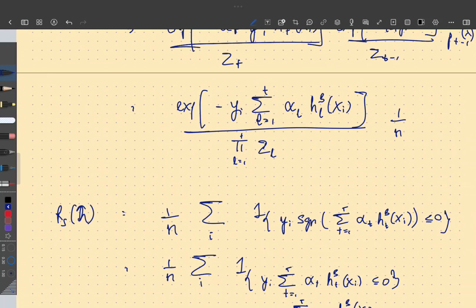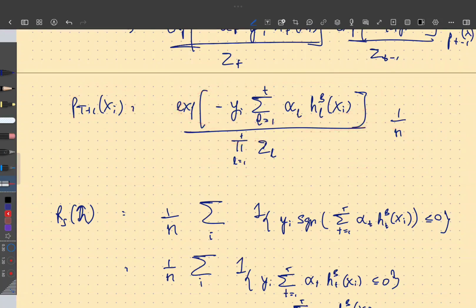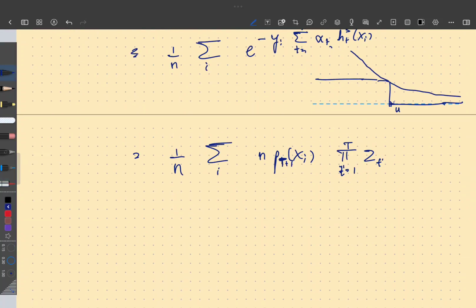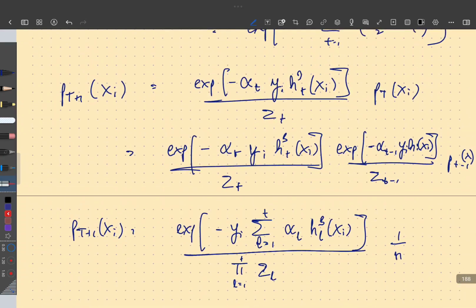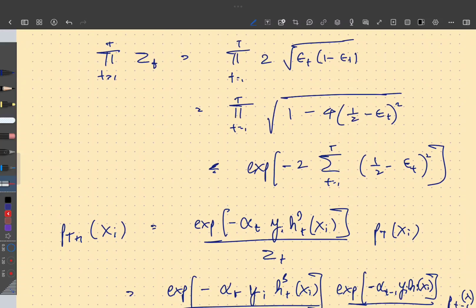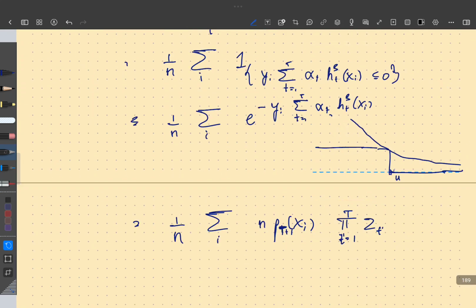Right, I've just used that this quantity is this quantity times this. Okay, but I've also derived an upper bound on this quantity. Right, so that product that I derived over there, we saw that it's less than or equal to e to the power minus 2 times summation over all of this.